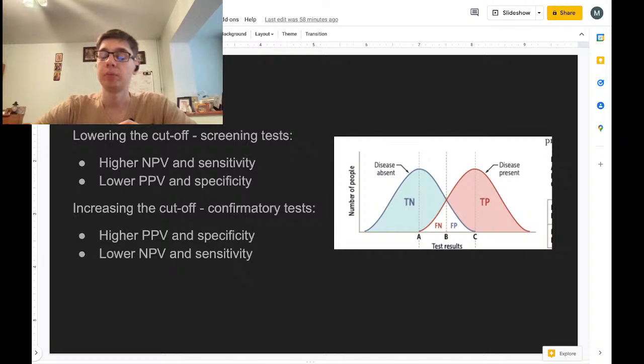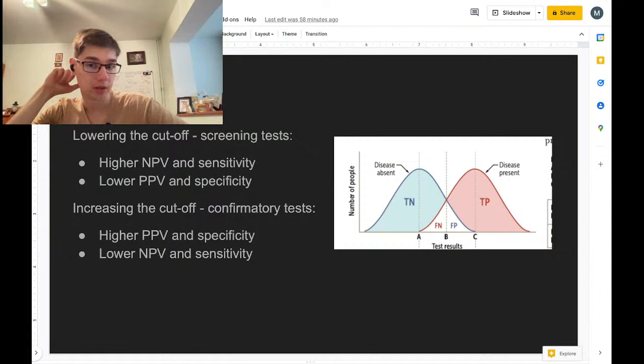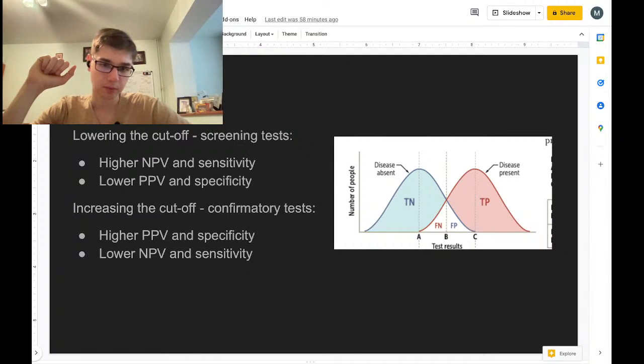This will lead to higher PPV and specificity due to a decrease in false positives, and a lower NPV and sensitivity due to an increase in false negatives.